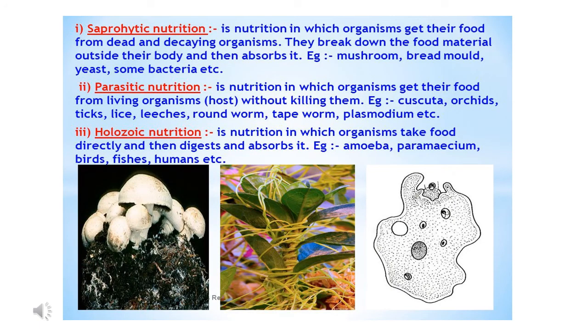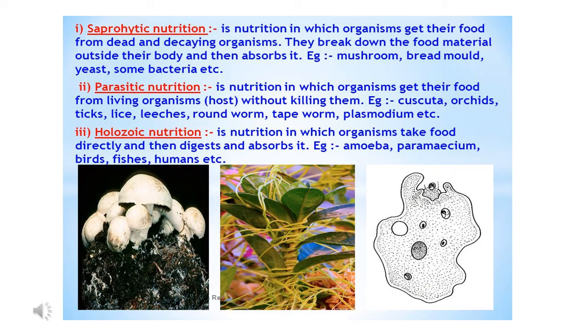Now, as we had discussed in the earlier classification table, we had discussed the modes of nutrition in plants, autotrophic and heterotrophic. So, autotrophic we have already discussed. Now we are discussing the heterotrophic mode of nutrition. Here we have four types of nutrition. The first one, saprophytic nutrition.